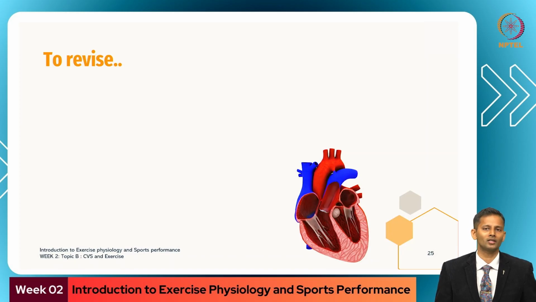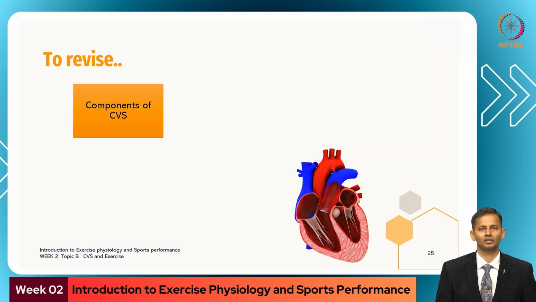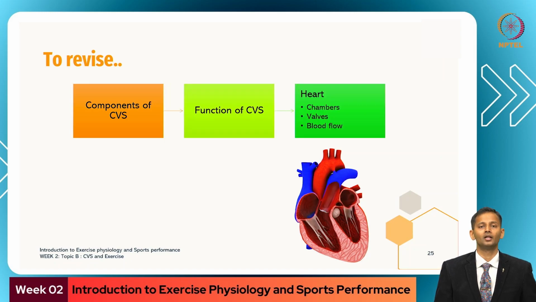To revise what we covered in part 1, we covered the basics of the cardiovascular system, wherein we discussed the components, the function, the structure of the heart, its location, how it is divided into chambers, and the different valves in the chambers.